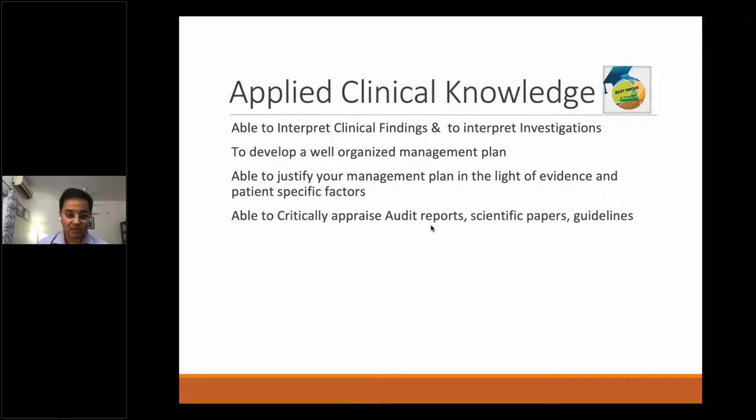A simple example is, let's say, HMB. The NICE guidelines give the algorithm for first line investigation as well as first line treatment for HMB, which is LNG-IUS.